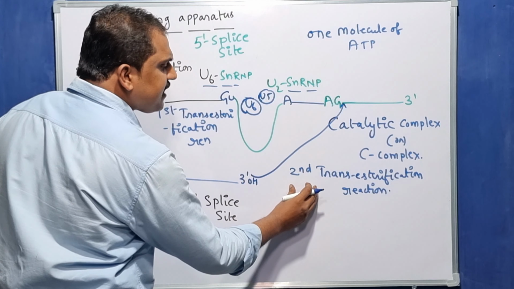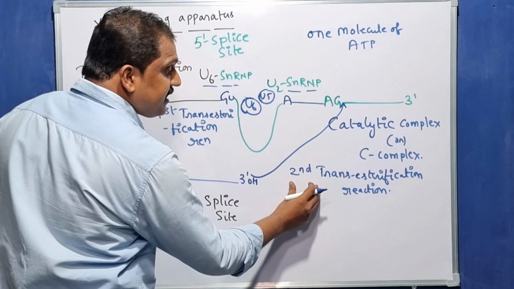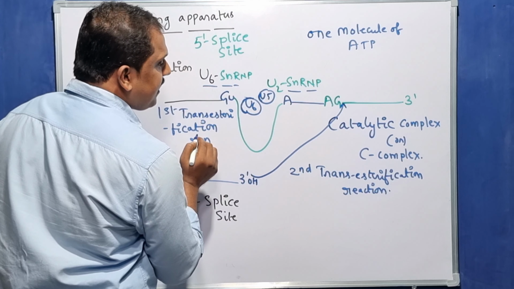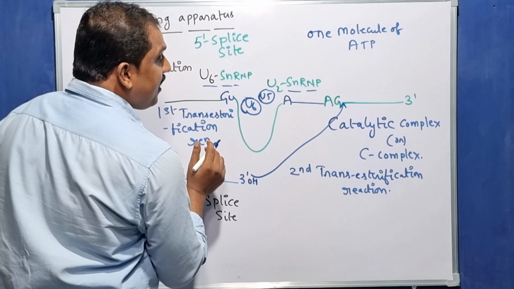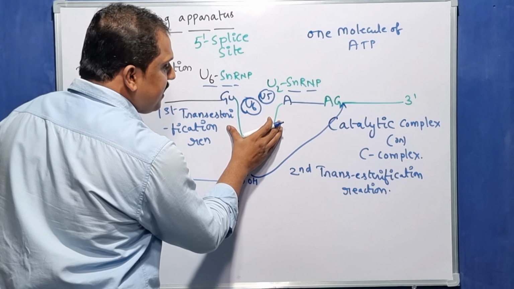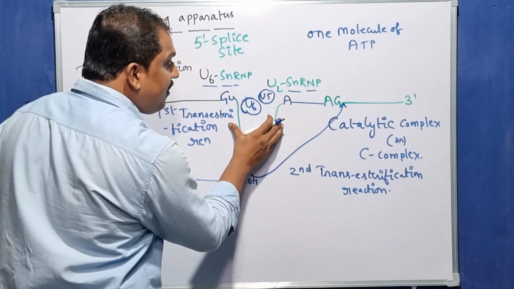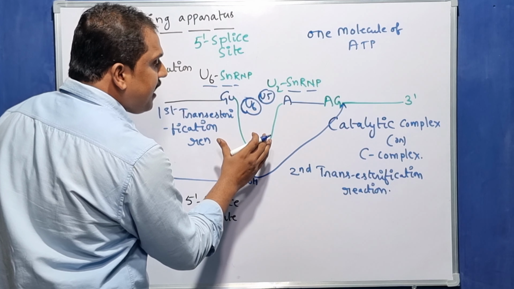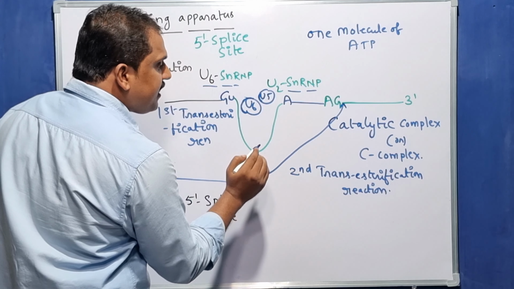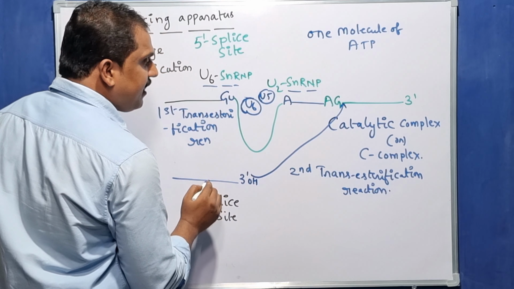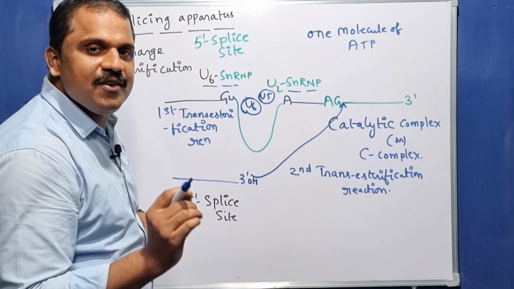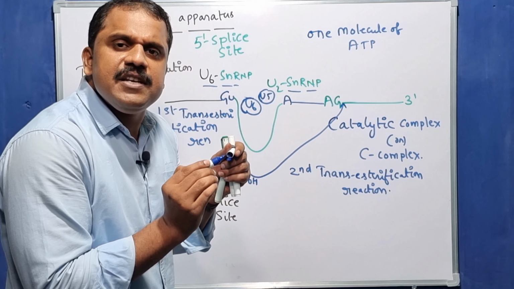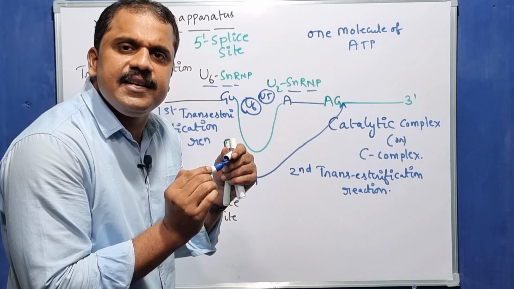After the successful organization of two trans-esterification reactions by U6 snRNP, it leads to the formation of a specific mature RNA. The specific non-coding sequence or the intron successfully splices out from the splicing apparatus once the trans-esterification reactions are successfully organized. The intron splices out in the form of a specific structure, and that specific structure is nothing but what?